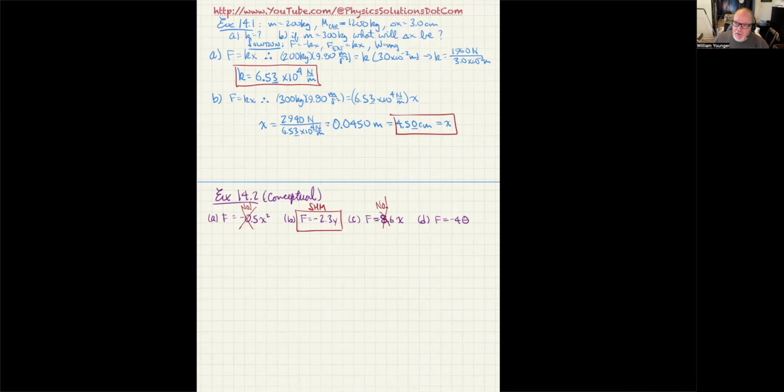If we tried negative pi for the actual angle theta, then we'd get negative pi times negative 4, which would be positive 4 pi, and then, of course, some kind of constant. And the units of the 4 could be something. But the main thing is, in that case, we'd get a positive force. So this one is actually restorative like we need it. So B and D are the correct answers. These fit the simple harmonic motion requirement that we need. So that's how you do conceptual example 14.2.